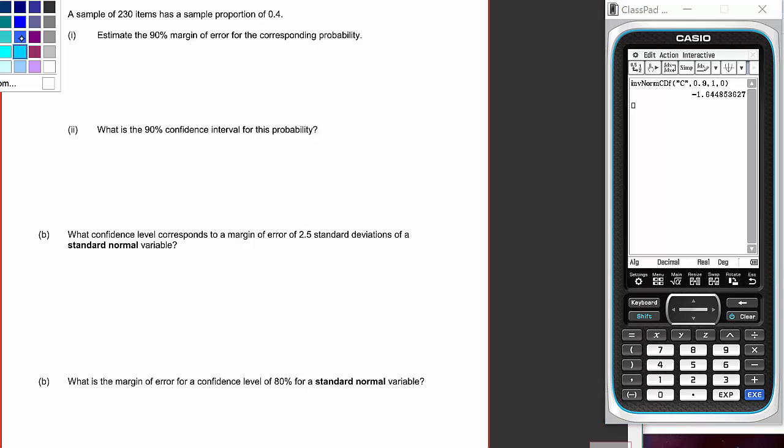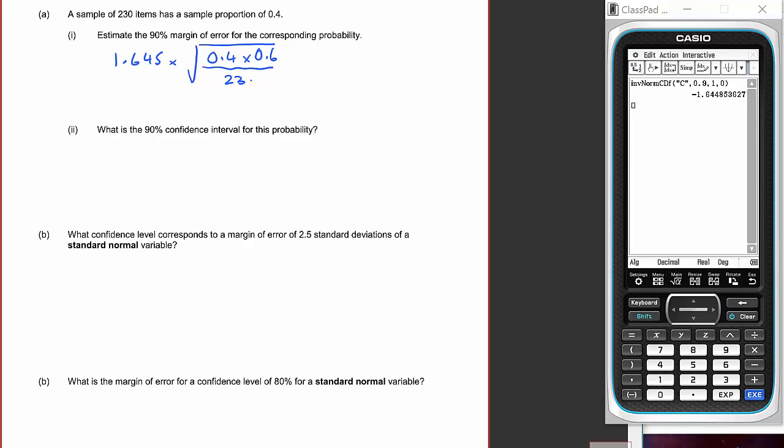So over here we'll have 1.645, and then we've got to multiply by the square root of 0.4 multiplied by 1 take away 0.4, which is of course 0.6, and divide that by n, and we just need to calculate that.